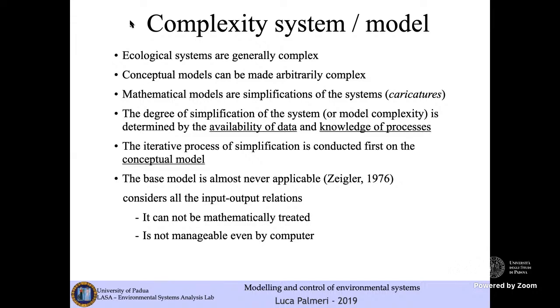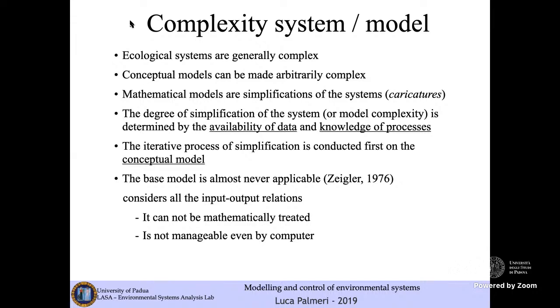So we start by recognizing that ecological systems are generally complex. Conceptual models, now you understand, can be made arbitrarily complex. For example, in the box and arrow schematization, we may increase the number of boxes and increase the number of interactions or the number of arrows between the boxes.